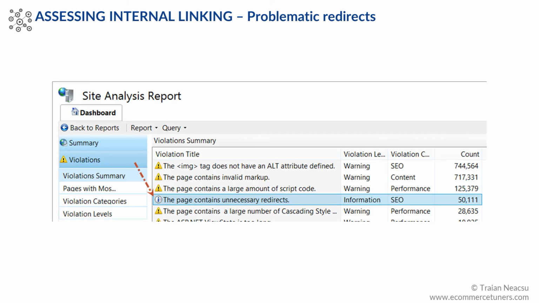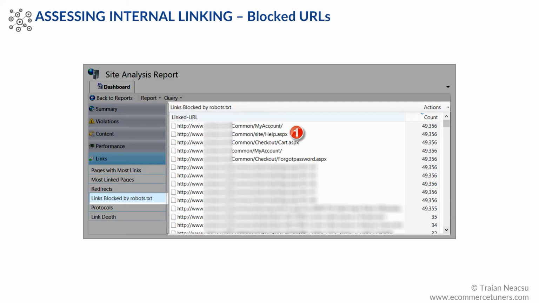The unnecessary redirects report is also available in the violations section. The toolkit can also help you identify URLs roboted by mistake. Use the links blocked by robots.txt report to find such URLs. In this example, the help.aspx page is blocked with robots.txt.